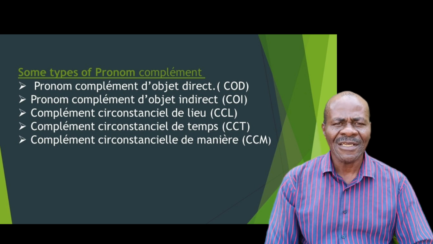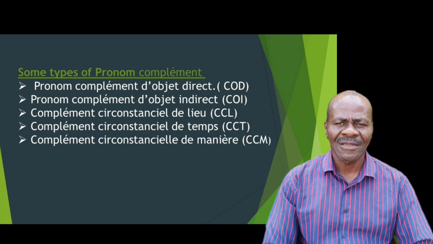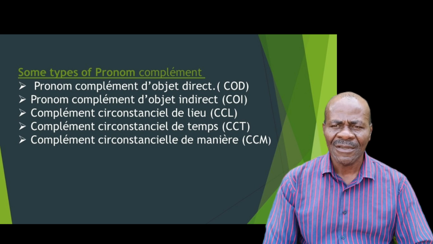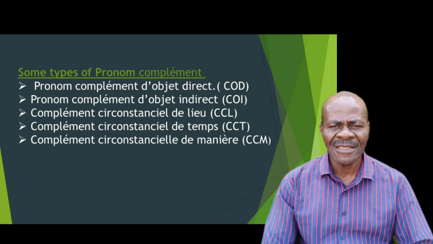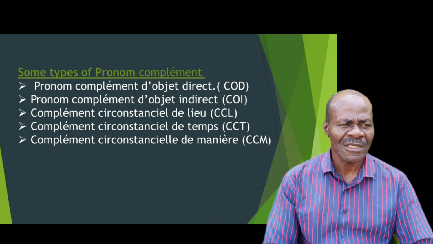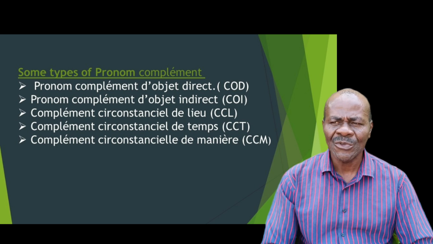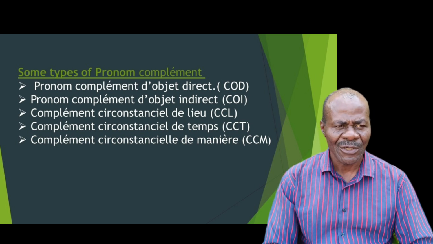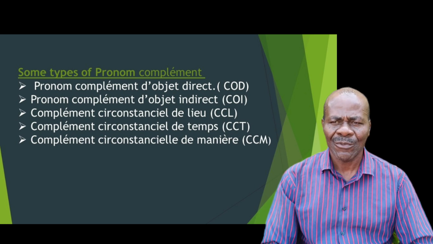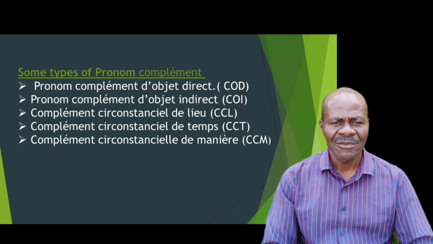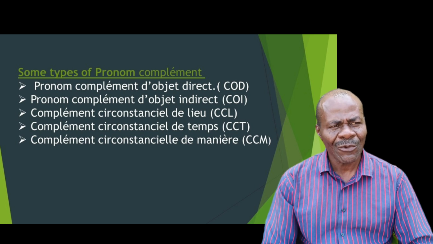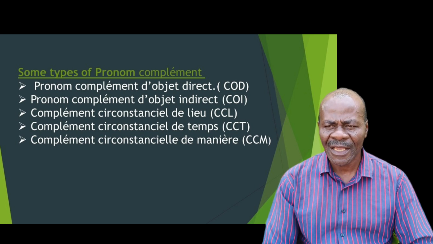Here, the noun is an object of place. Pronom complément circonstanciel de temps. Here, the object is indicating time. And the pronom complément circonstanciel de manière, it is object of manner. But today we are just going to look into the first two: pronom complément d'objet direct and pronom complément d'objet indirect.